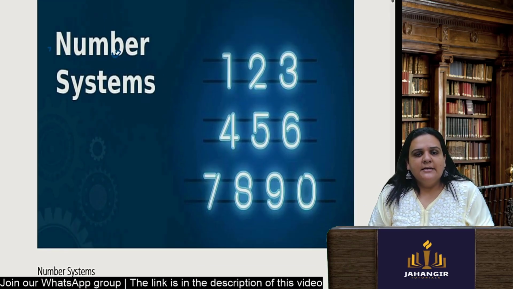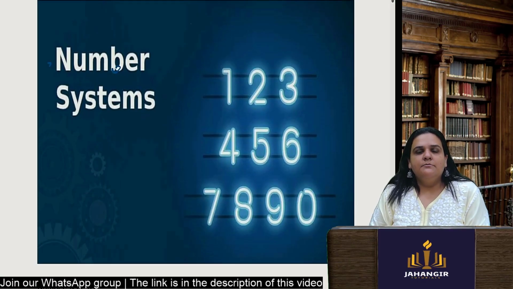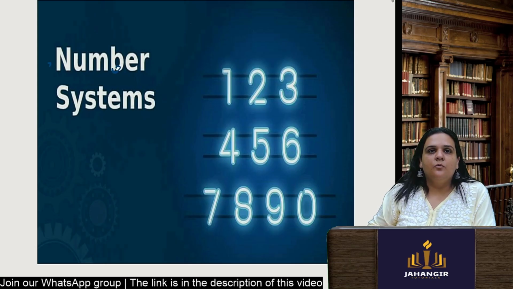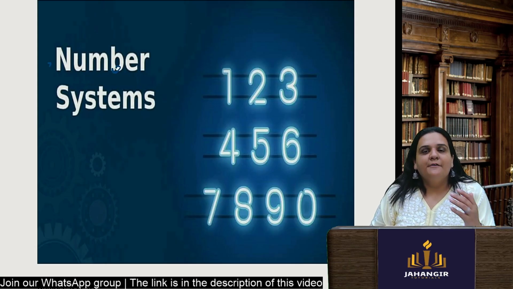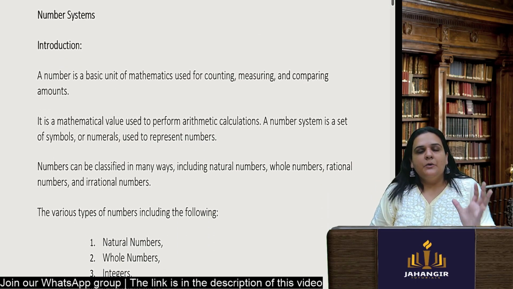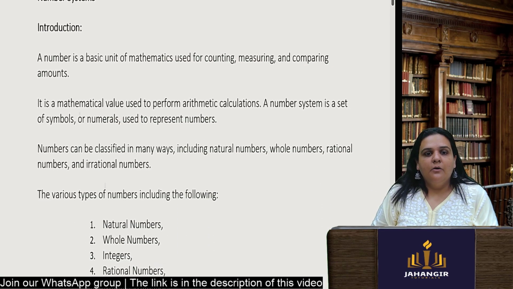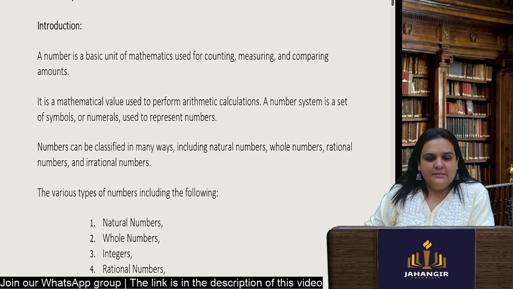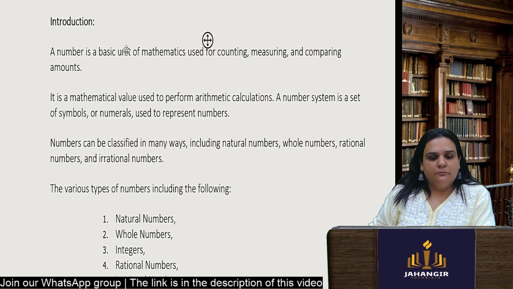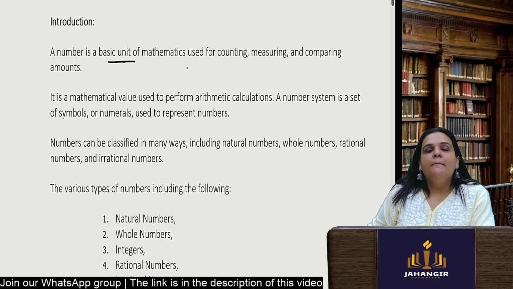Now when I'm talking about number systems, we all know what number systems are. We know 1, 2, 3, all our numbers, infinite numbers. This is the introductory part. A number is a basic unit of mathematics.